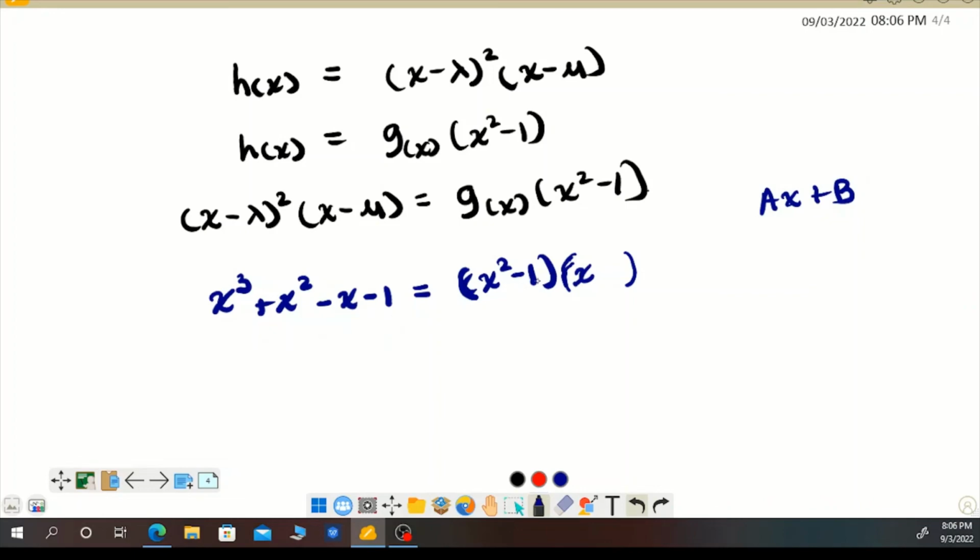So minus 1 multiplied by plus 1 gives minus 1, negative. If you expand this, you can get this. So I can name this function as gx.